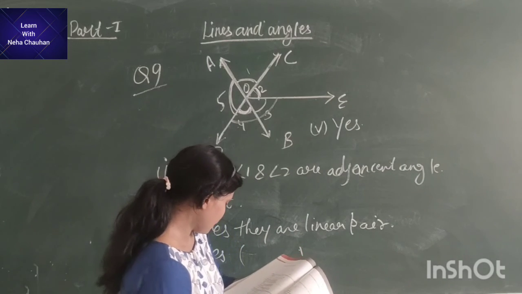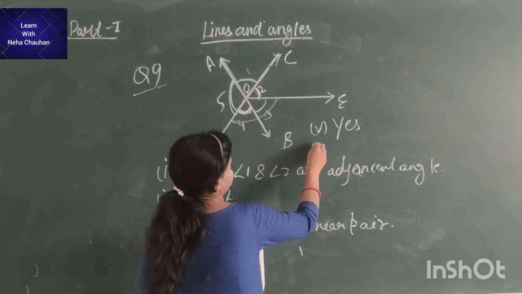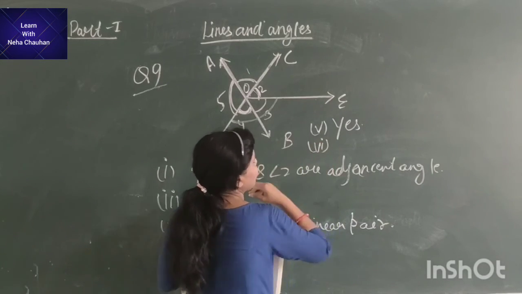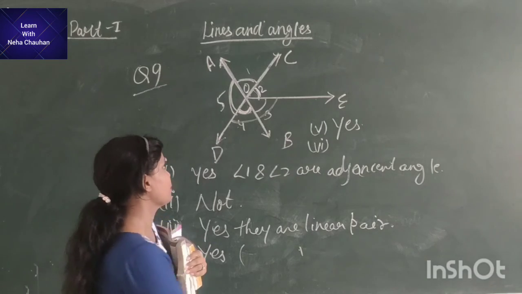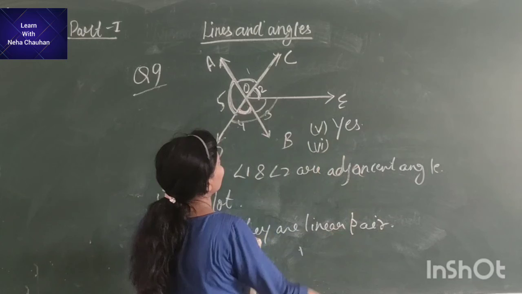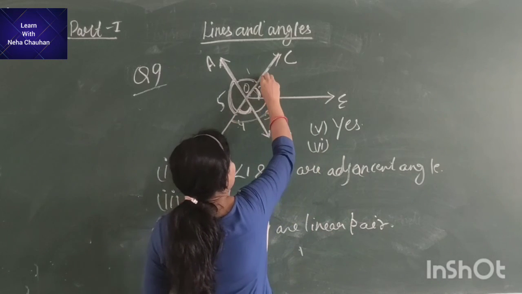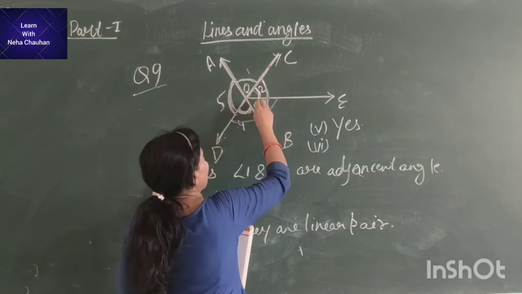Next part is, what is the vertically opposite angle of angle 5? We need to find out the vertically opposite angle of angle 5. So angle 5 is this. What will be the vertically opposite angle of this? This one, COB.